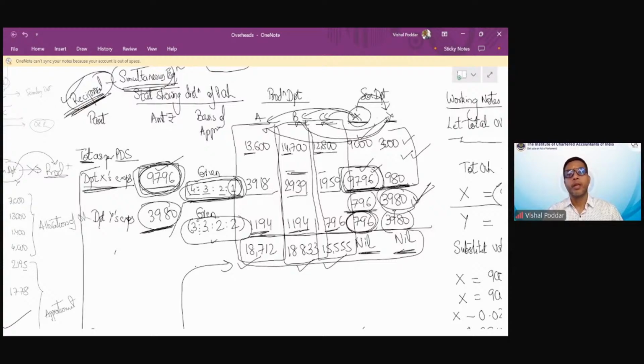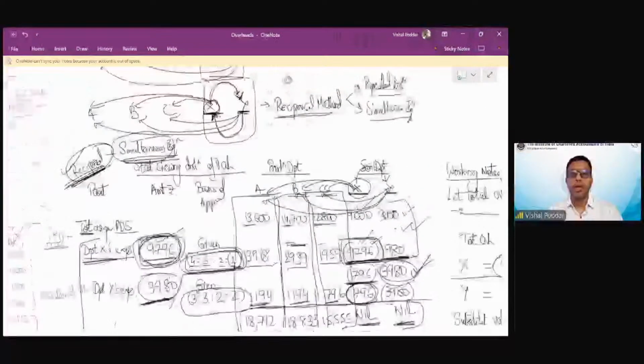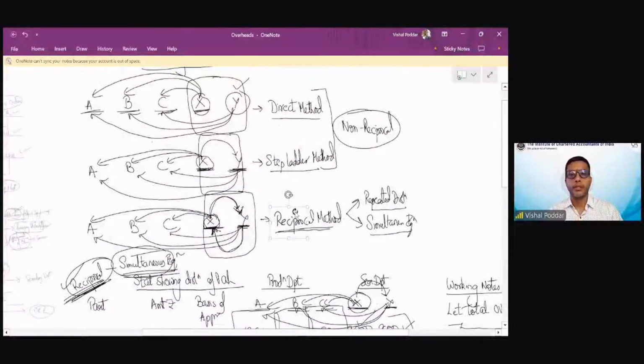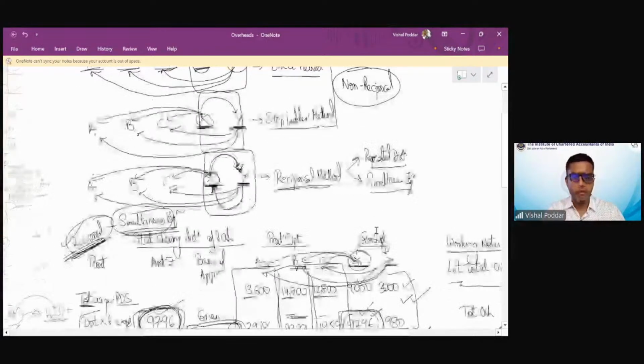And in this, the three categories, direct, stepladder, reciprocal, will have different answers. But within reciprocal, both repeated and simultaneous will have the same answer because both are the same concept, same method, just there are two options given, right?